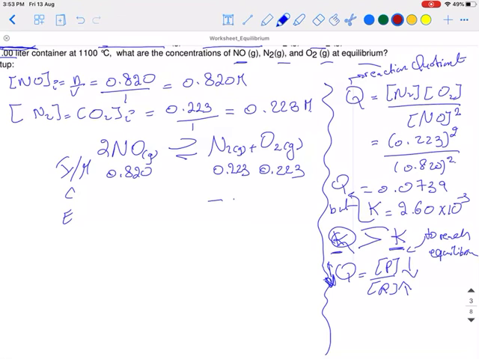So minus will be from the product side, and as we always say, subjected to stoichiometry, so minus from the products, plus from the reactant.